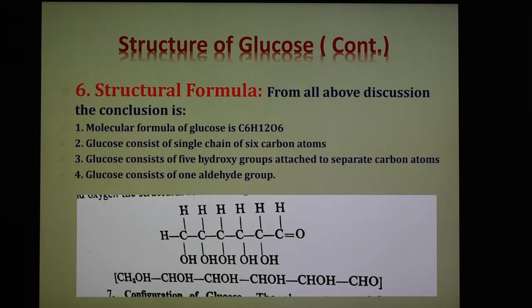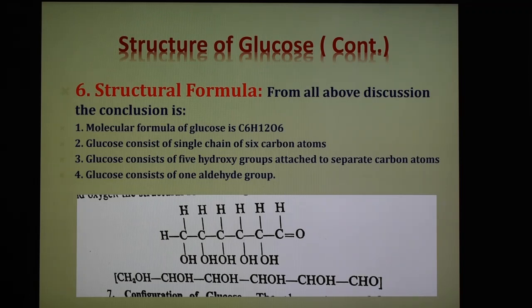Glucose consists of a single chain of 6 carbon atoms. Glucose also consists of 5 hydroxy groups attached to separate carbon atoms. And glucose consists of one aldehyde group. The aldehyde group is monovalent and therefore must be present at one end of the carbon chain.